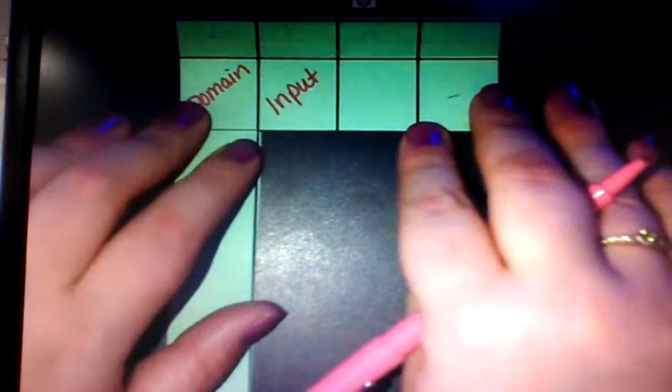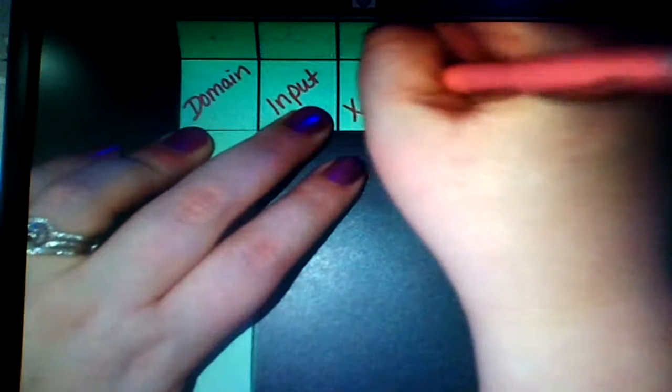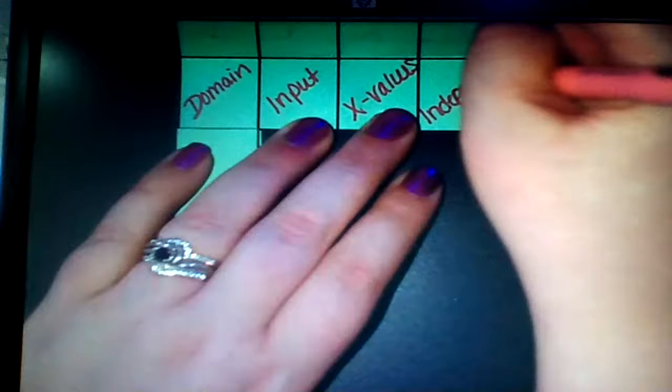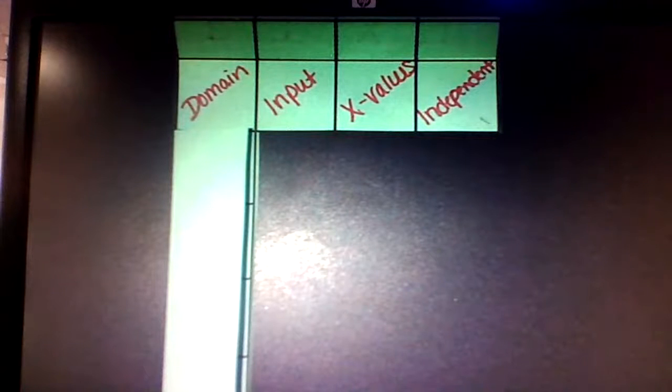I stands for input. So your domain is your input, which is the same thing as your X values. So Dixie stands for domain, input, X values, independent.